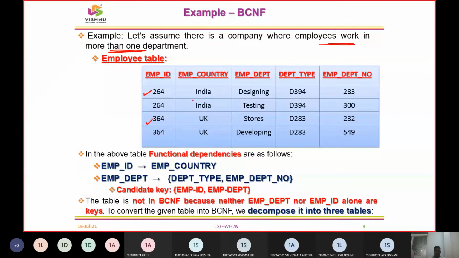This person is going to work in India, and 364 is going to work in the UK here. 264 is working in the design department and testing department. 364 is going to work in the stores department and in the developing environment. So in both the aspects, the two persons are going to work out.